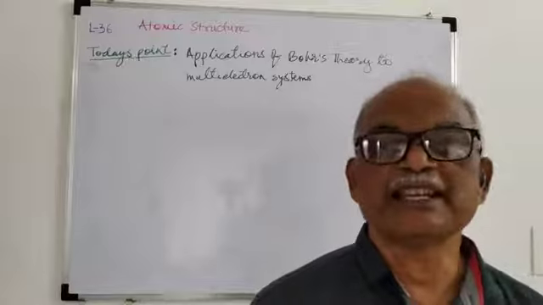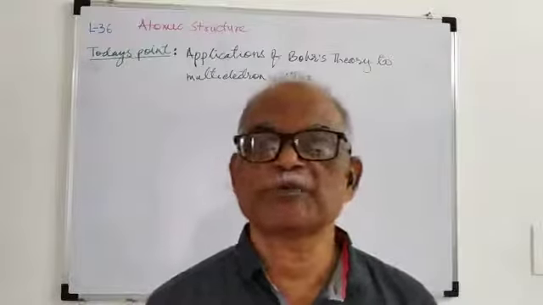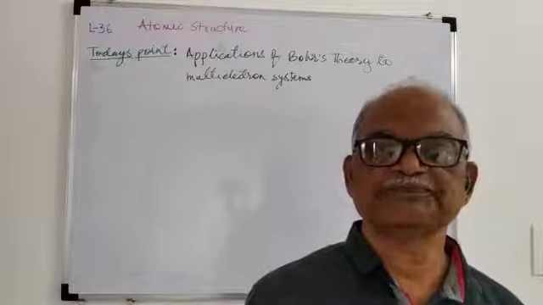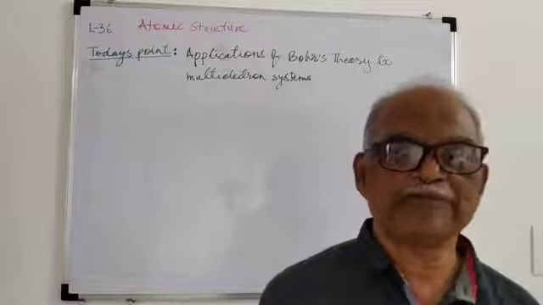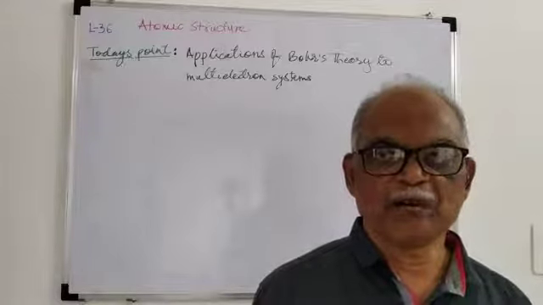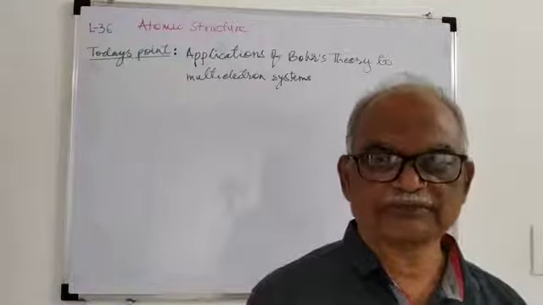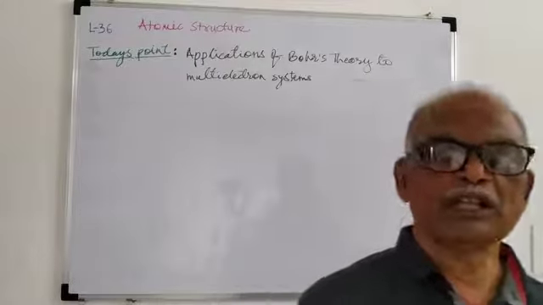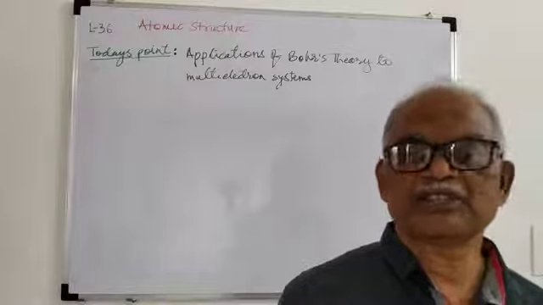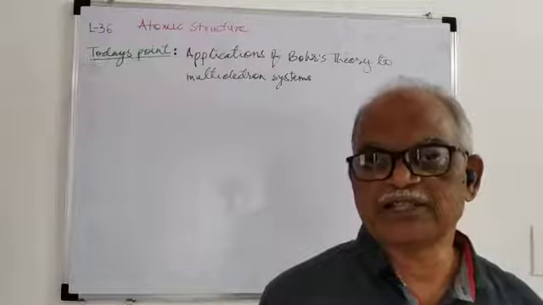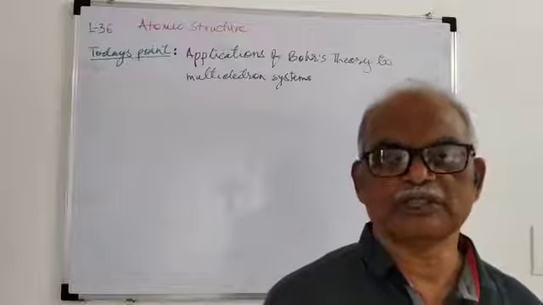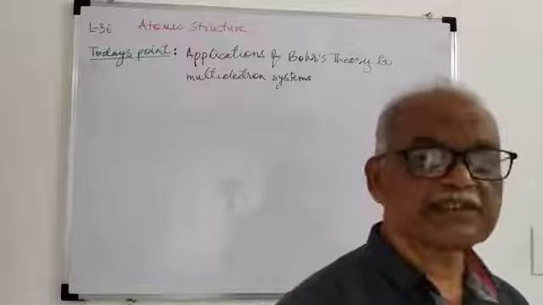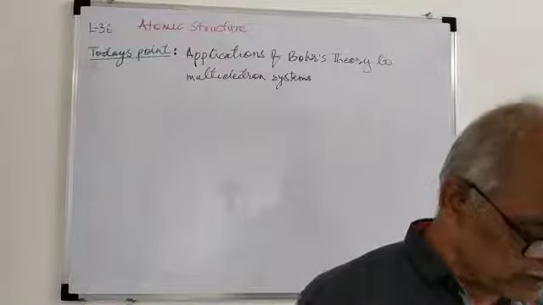The experimental data obtained from spectroscopic methods does not support the concepts proposed by Bohr's theory for multi-electron systems, where there are two or more electrons. Examples are lithium, beryllium, boron, carbon, nitrogen, etc. In such cases, the theory cannot work properly.